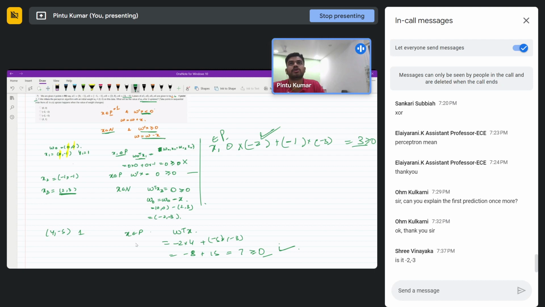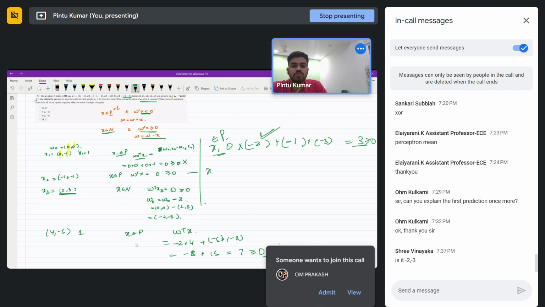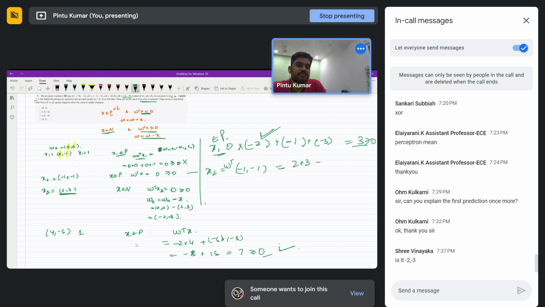So this particular W satisfies x1, and we need not do anything. Now for x2, this is (-1, -1), so W transpose of this would be 2 plus 3, that is 5, which is again greater than or equal to 0. So we again need not do anything here.